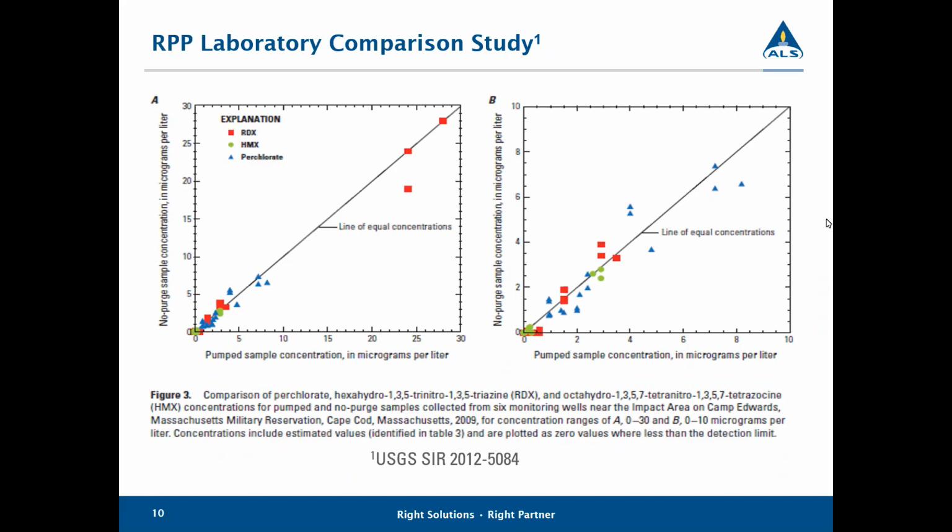The graph here on the right is just a blown up picture of what we have concentrated here on the left. So again, you can see that there's a very good correlation between the two sample collection techniques, which does allow and produce reliable data.